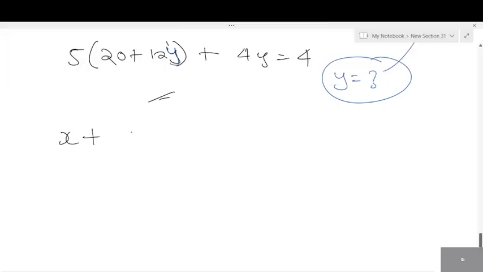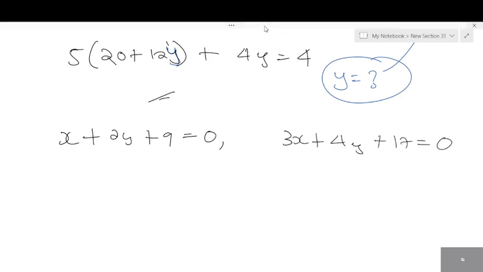Which equation will you take? The first one or second one? Okay, this is the first equation and this is the second equation for the third question. Which equation shall we take? Be quick.